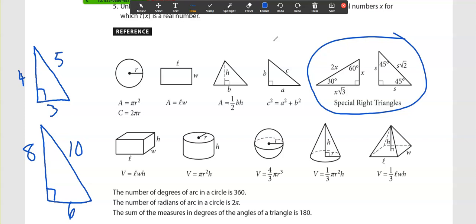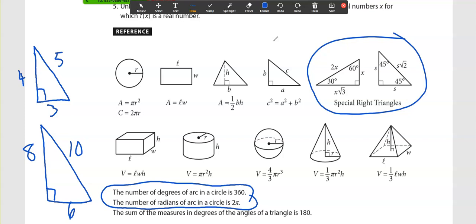One of the things that you might or might not learn about in your trig class here at the end of the year has everything to do with this information down here at the bottom. Many of you are familiar with the number of degrees in a circle being 360, but unless you've taken pre-calc and trig, you don't know that there's another group.